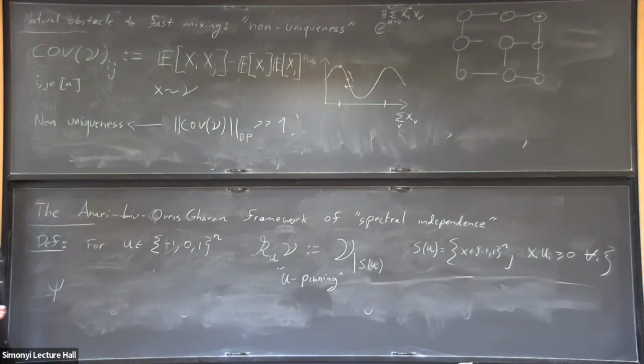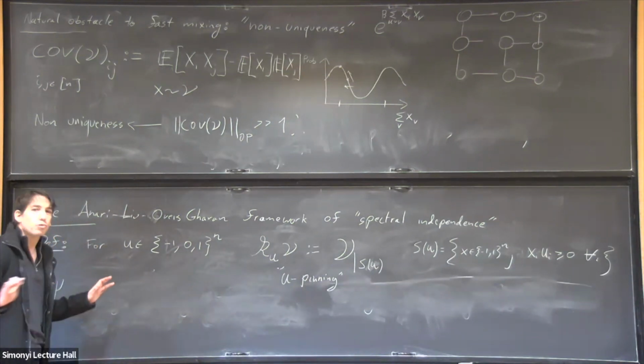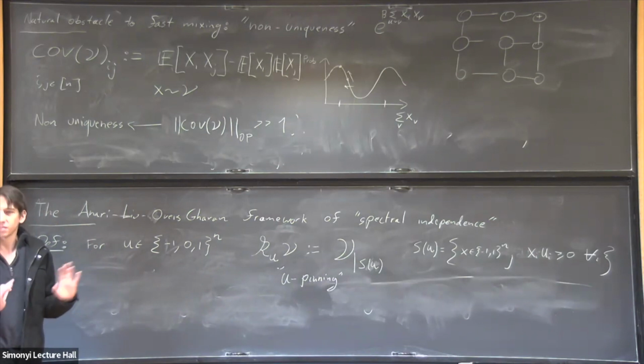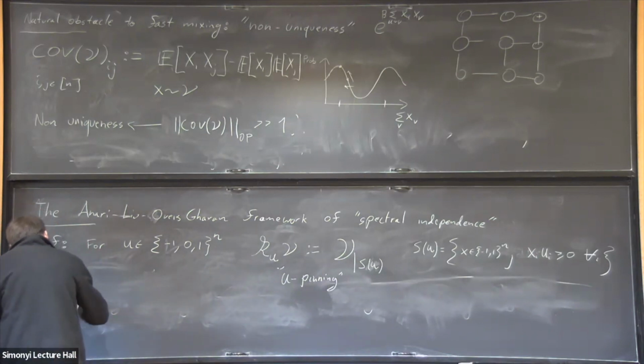Let's define a matrix which is very related to the covariance matrix, called the influence matrix. You should think of those two matrices as the same if you want. There is a very easy way to go from one to the other.